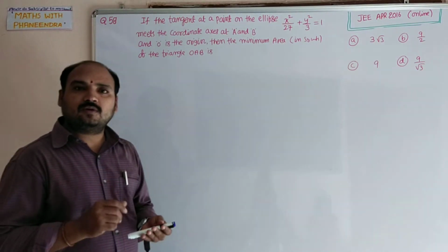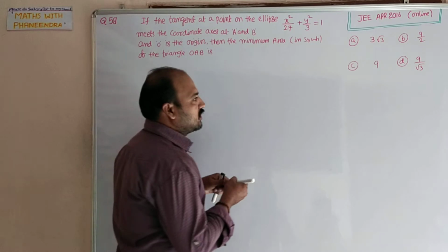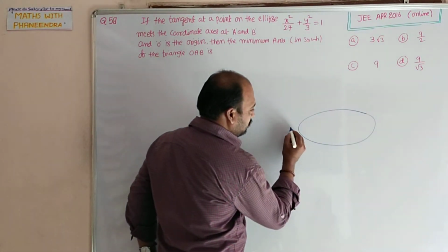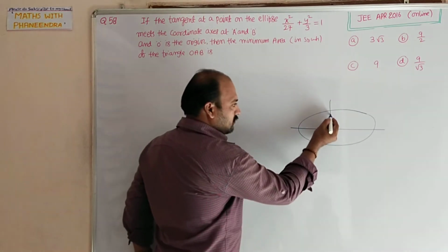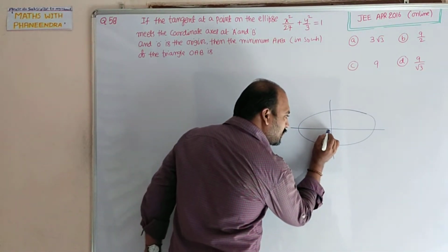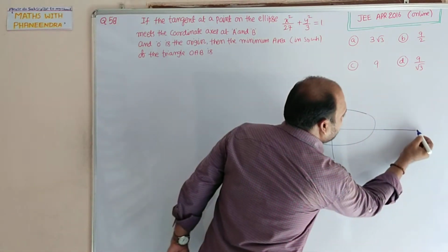If you draw the figure according to the question, the figure is going to come like this. This is the ellipse figure. This is the center, that means the origin I am taking. And the tangent we have to extend like this.